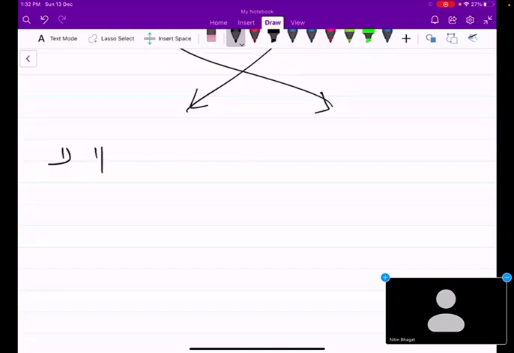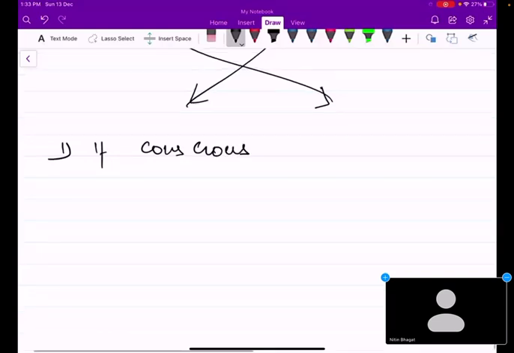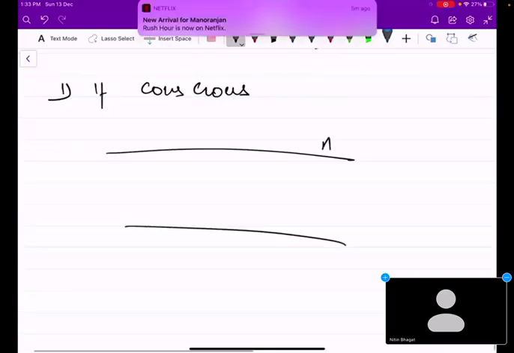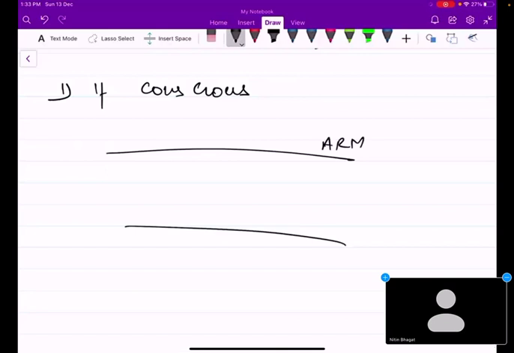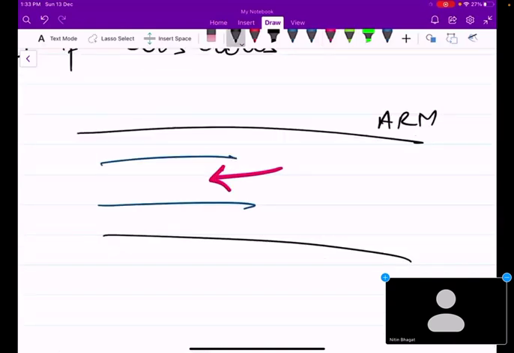If the patient is conscious, let's say this is the arm of the patient and this is the vein through which you are giving blood. Let's say these are the RBCs of the patient, and they have a green colored flag.